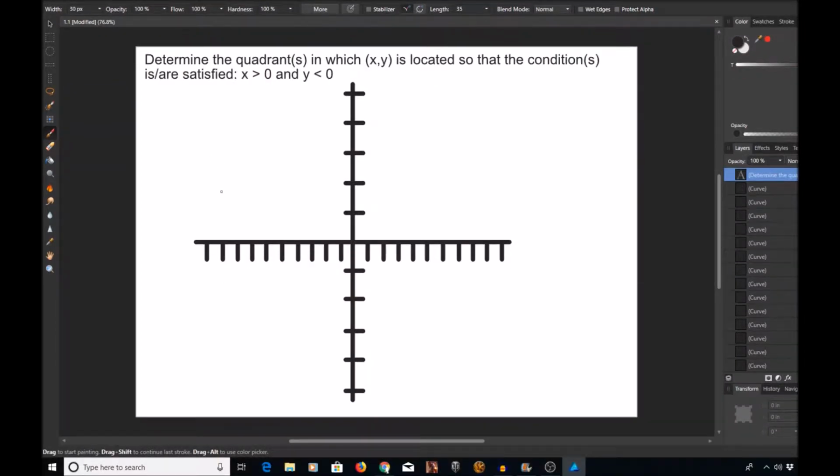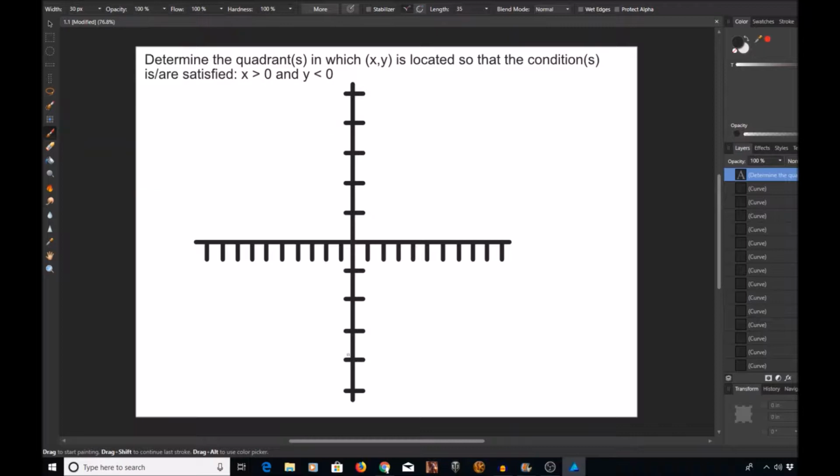Okay, so for this next problem, we are asked to determine the quadrant or quadrants in which the ordered pair x, y is located so that the condition or conditions is or are satisfied. And the information we're given is that x is greater than 0 and y is less than 0. So we know that x is greater than 0 on this right side of the graph.